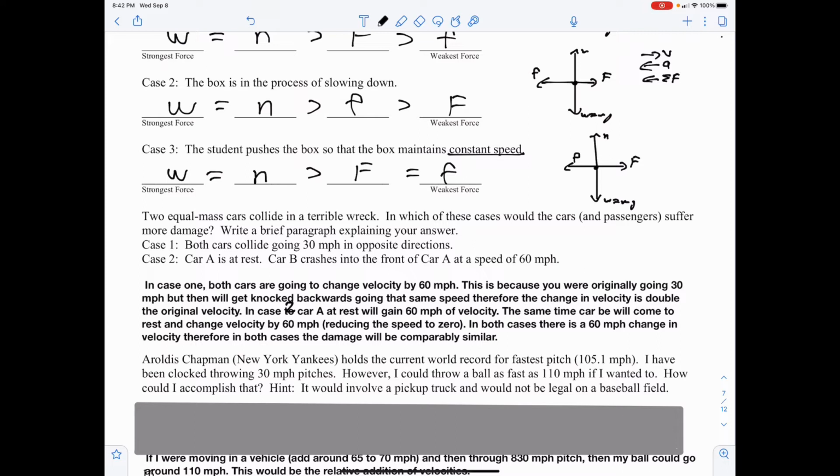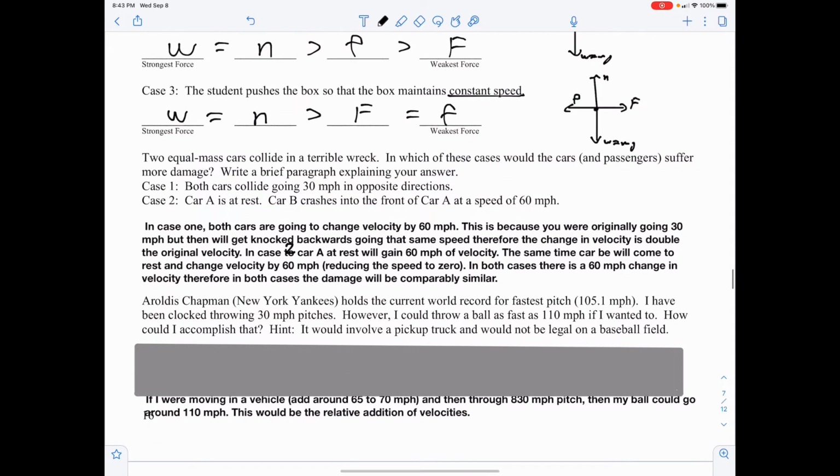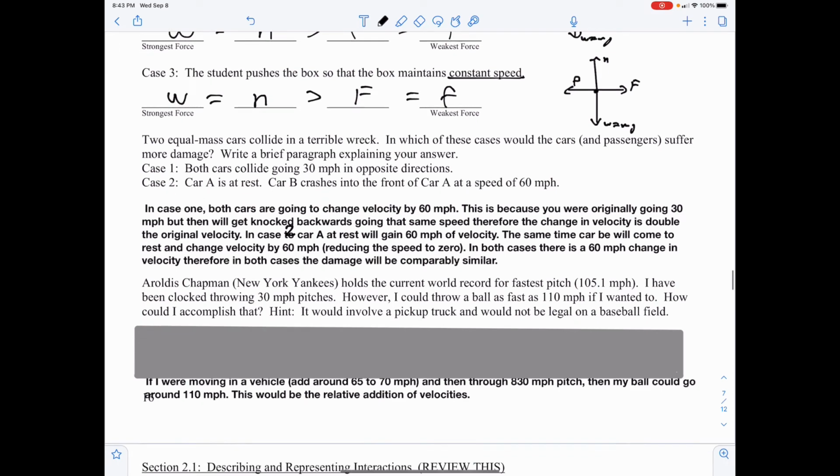And then car B is going to decelerate by that same amount, which means both cars are still experiencing a 60 mile per hour change in speed. Therefore, the damages to both cars, even though they're very different kinds of crashes, are going to be comparably similar.